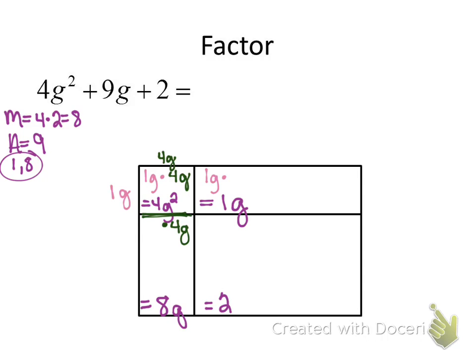So now I can move to the next one. I can find the width of my second rectangle. 1 times what equals 1? 1. I have 1G here. My answer has 1G. Do I need any more? So the width of this rectangle is 1, which means the width of the rectangle directly below it is 1.